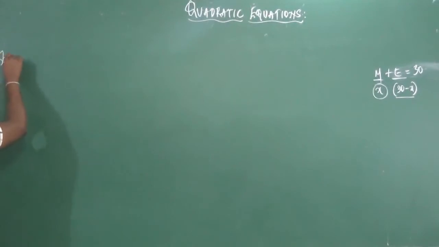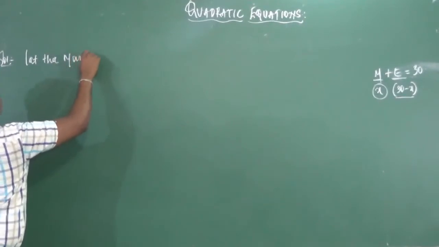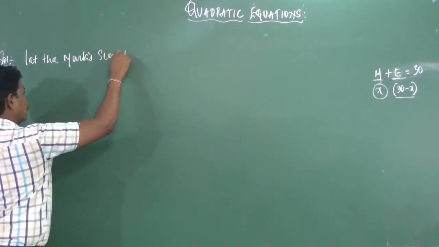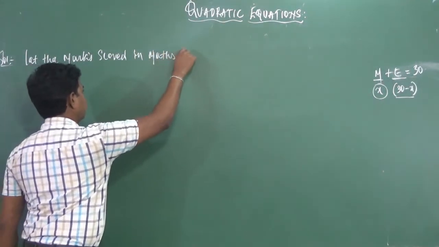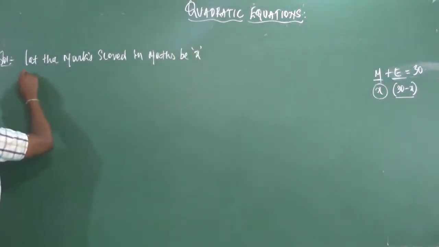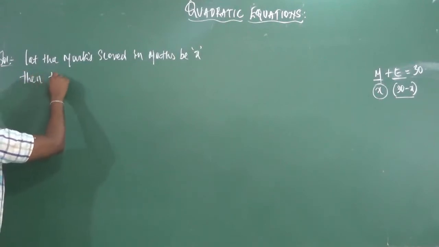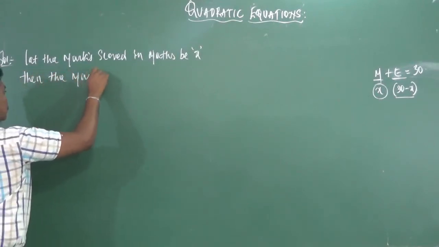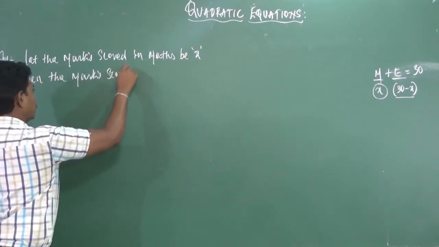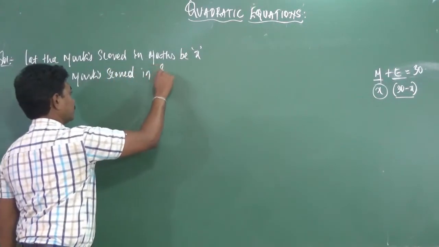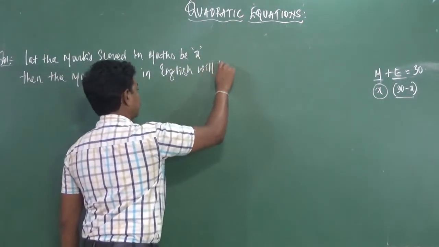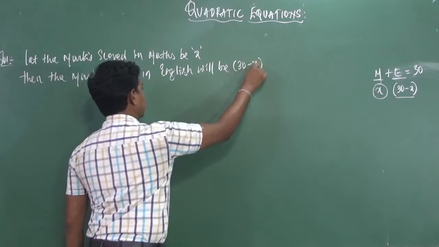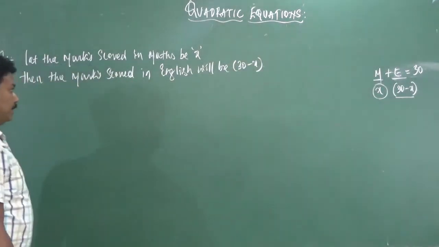So let the marks scored in maths be x. Then the marks scored in English will be 30 minus x.